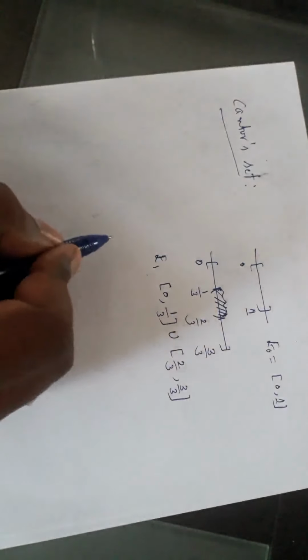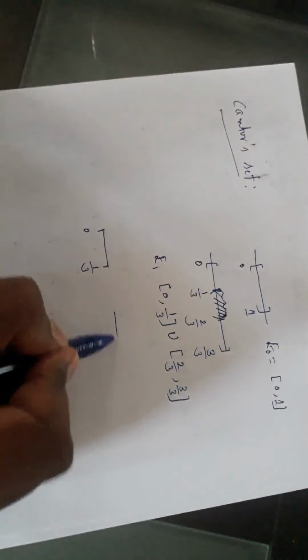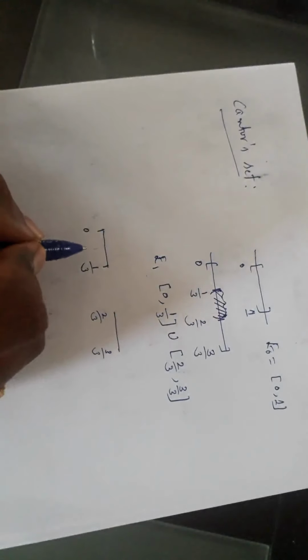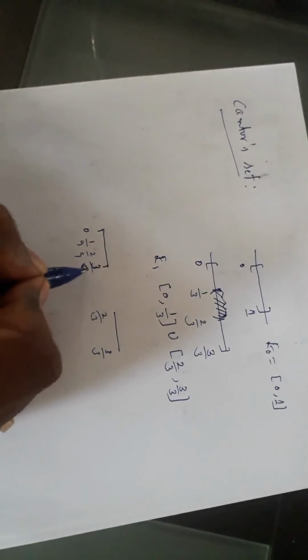You consider this 0 to 1 by 3, then you have 2 by 3 to 3 by 3. Then what you do is, I can write this as 1 by 9, 2 by 9. 1 by 3 can be written as 3 by 9, right?